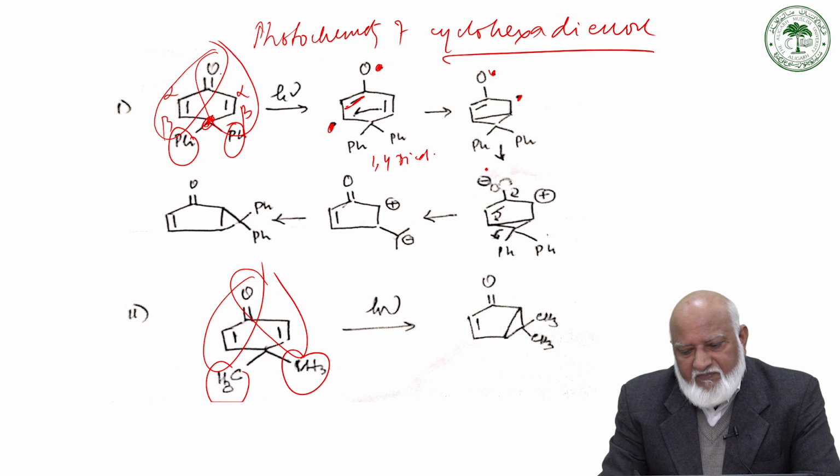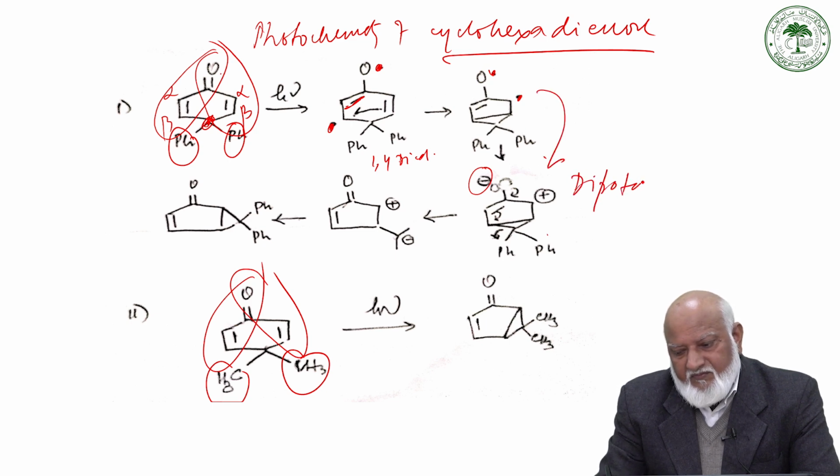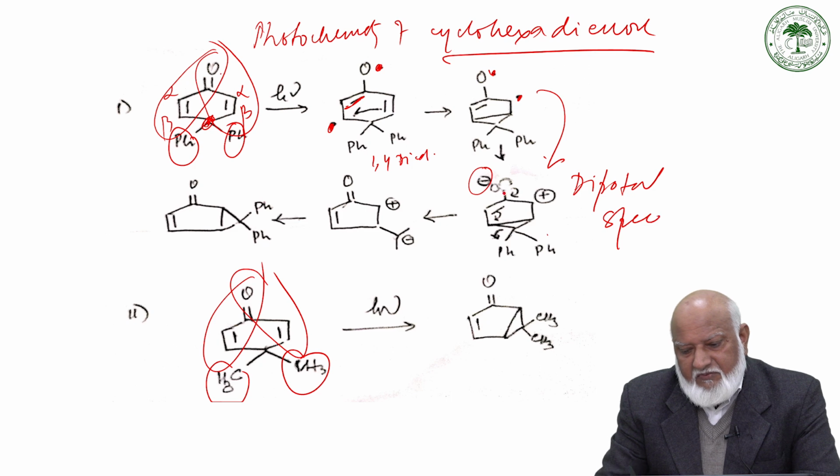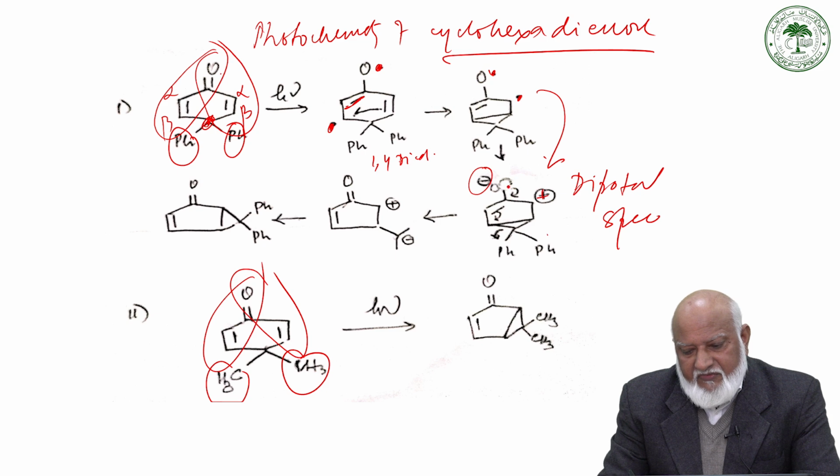This goes through a ring contraction to give this 1,3 diradical, and then transformation of this to a dipolar species. Dipolar species, O minus and plus, and then this gets rearranged.